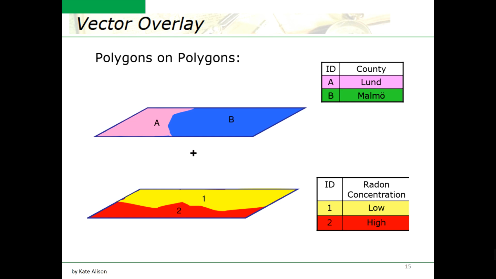Here we have a simple example where we would like to overlay two polygon layers. The first polygon layer consists of two polygons showing the counties in Sweden, Lund and Malmö. In the second polygon layer, we also have two polygons showing the radon concentration in this area, which is low and high.